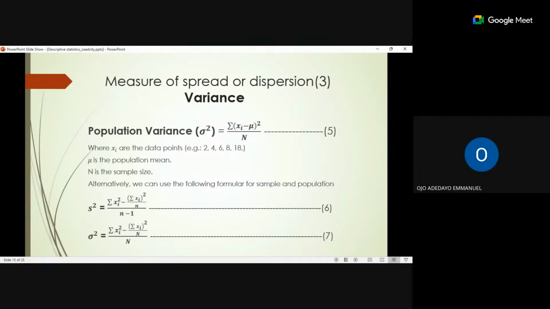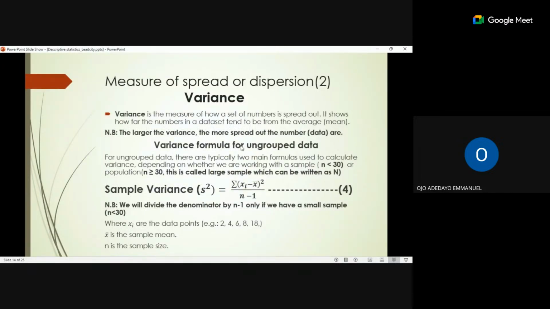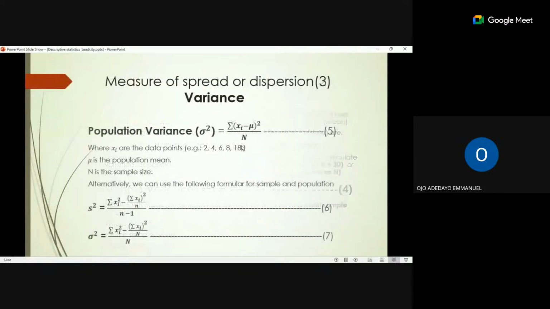Now if you look at this formula, although it is on group data, I'm using the population. So now our denominator is strictly divided by n, not n minus 1. Now, if you look at this, we have mu.